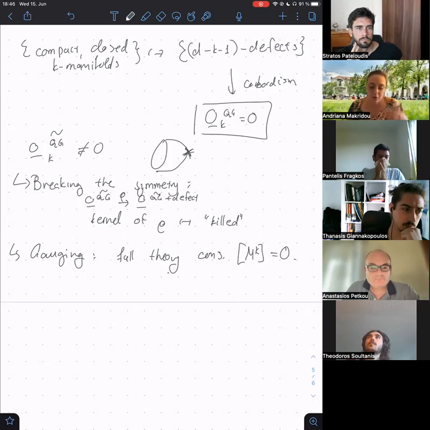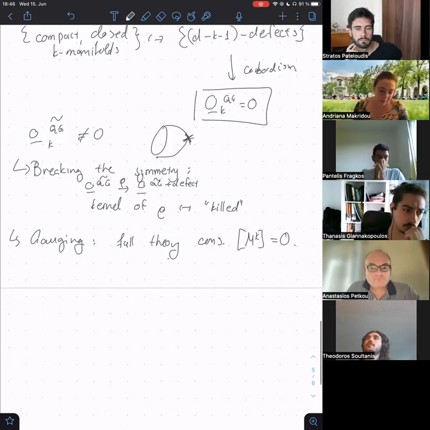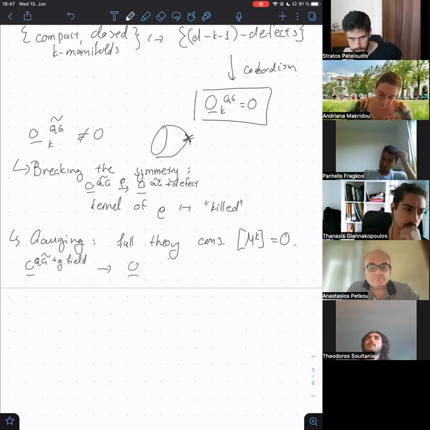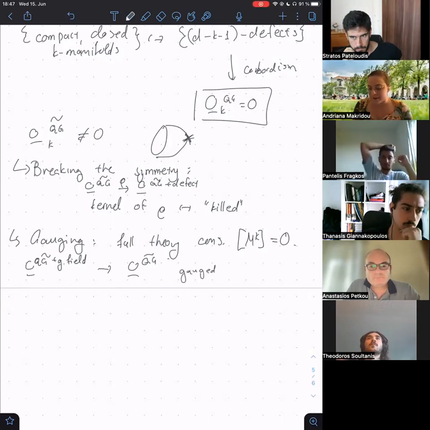And you can also write this down in terms of a map. Since now you are gauging, you have to include the gauge field in the spin structure. That's the gauge field, and this is a map now in the opposite direction. And now the gauged classes are being co-killed.